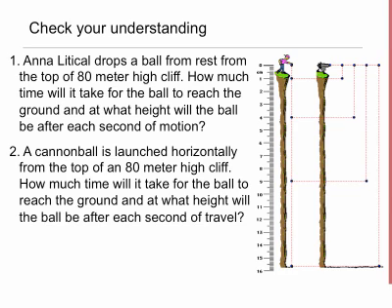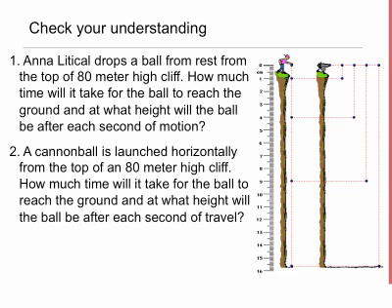Let's divide both sides by 5 to get 16 equals the time squared. And we square root both sides, and we get that the time is 4. Okay, so it took 4 seconds for it to drop from that height. So that's the first half of the question.